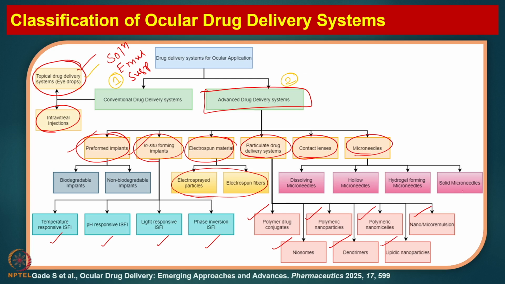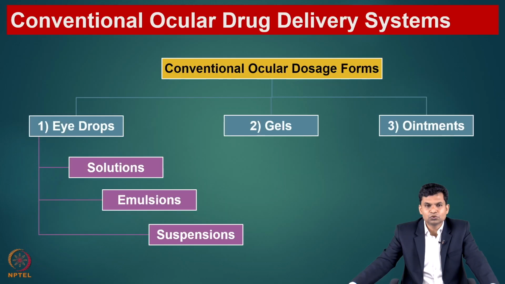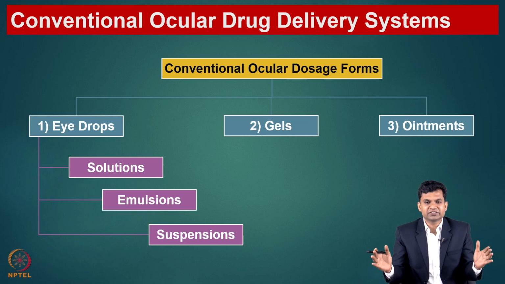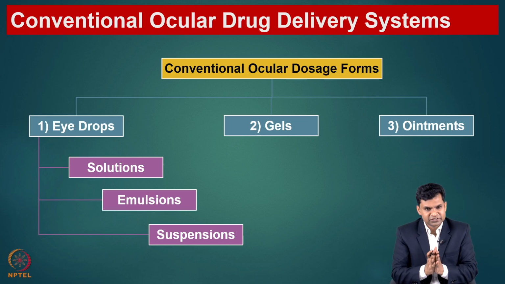Here we also have four different types of microneedles, which are dissolving microneedles, hollow microneedles, hydrogel forming microneedles, and solid microneedles. So today we are going to focus on the conventional drug delivery systems. Here you can see the further classification of the conventional ocular dosage forms.